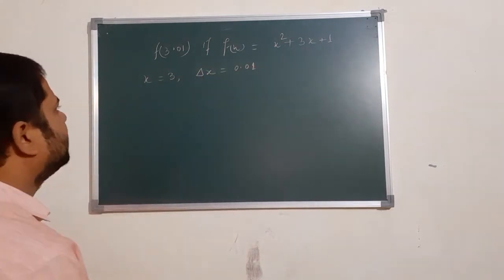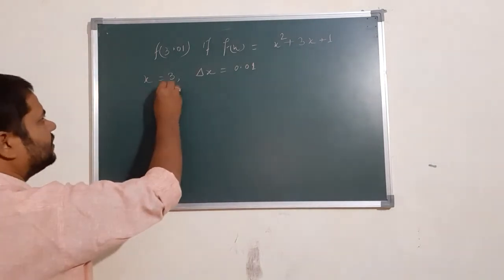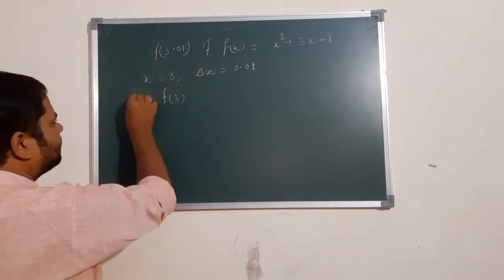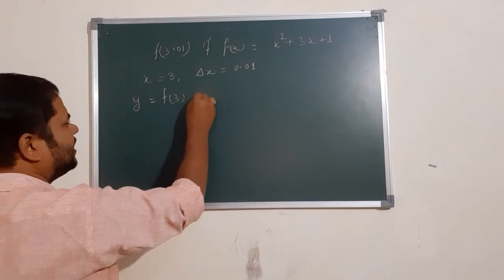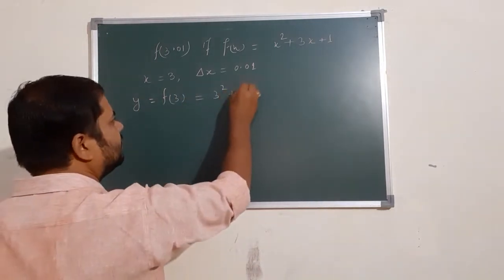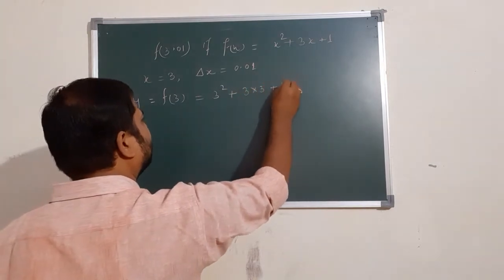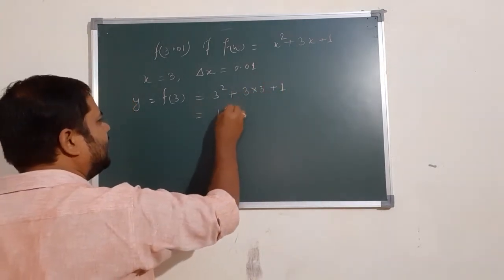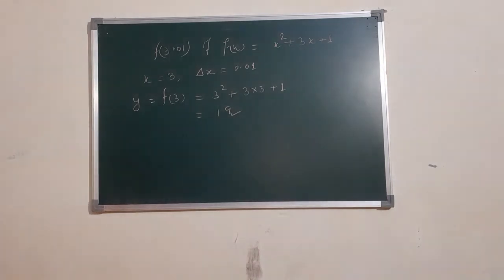Now f(3), that is y equals f(x), that is f(3). This is nothing but 3 square, 3 into 3 plus 1. This is 9, 9, 18 and this is 19.